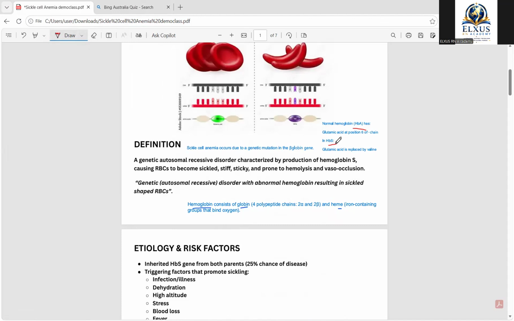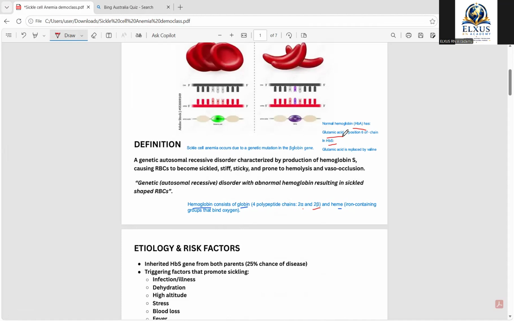How does it happen? We know that the globin part has two alpha and two beta chains. Normally, at the sixth position of the beta chain of HbA, the amino acid is glutamic acid.